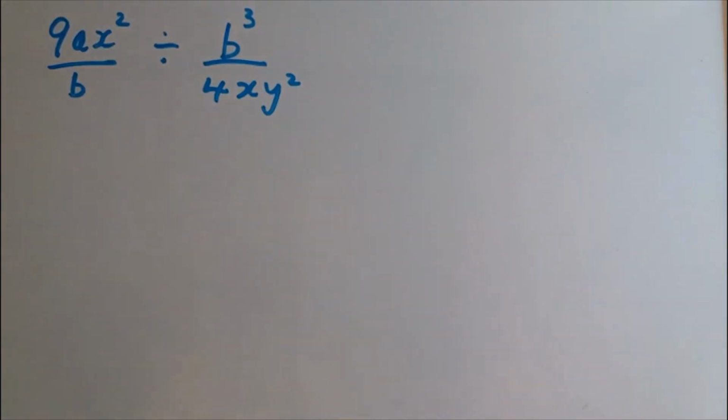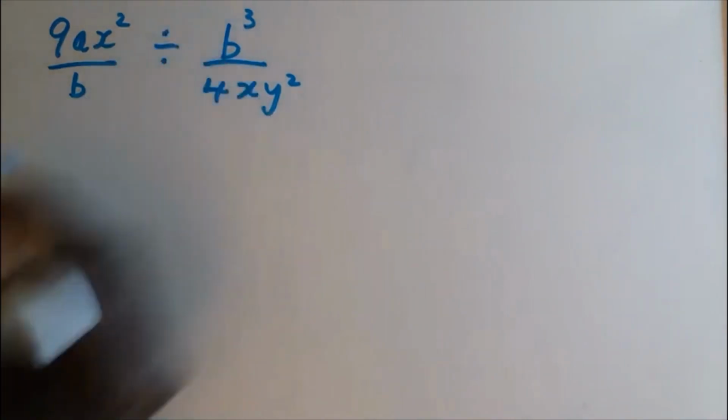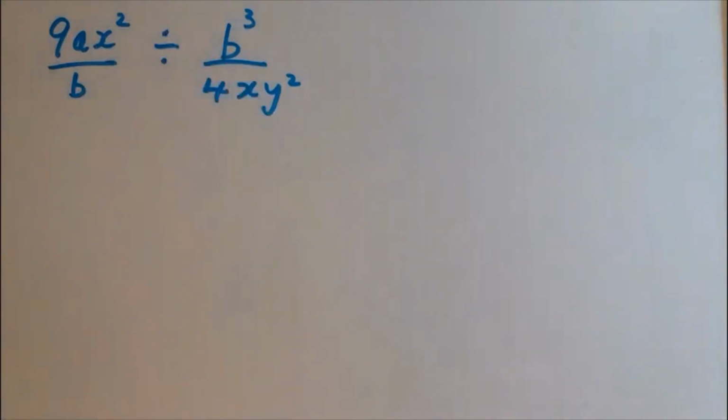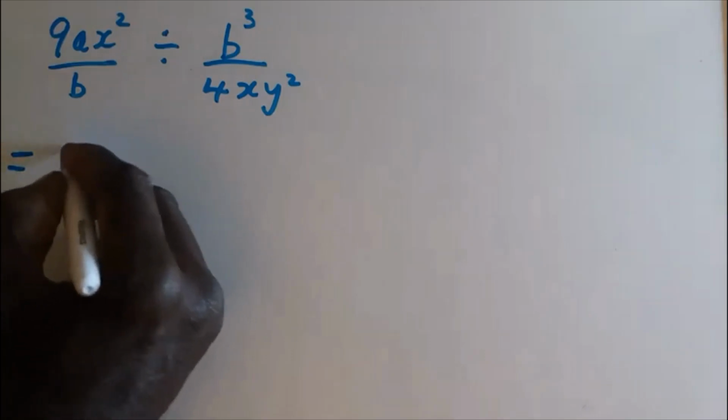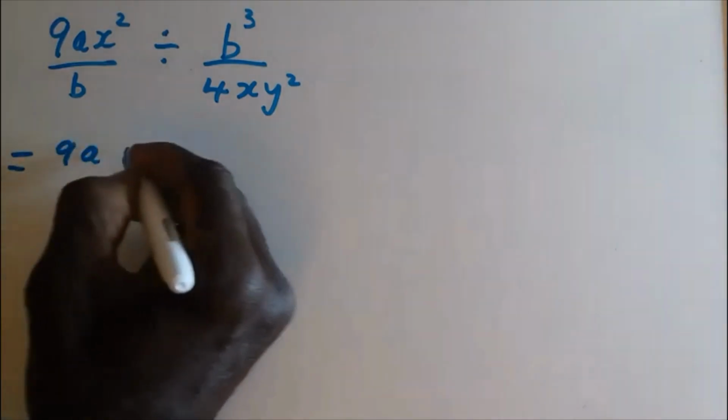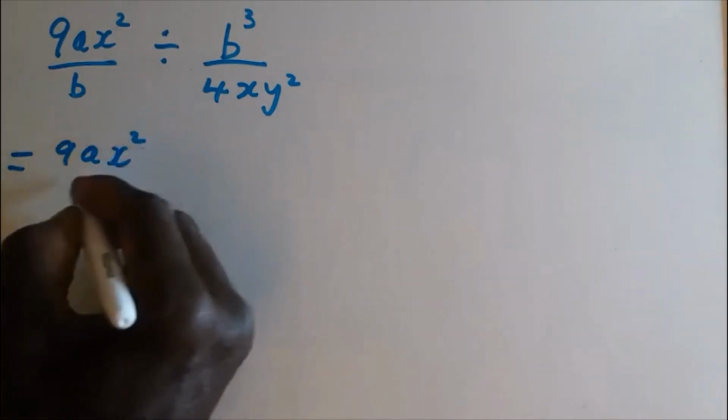Suppose you're given this algebraic fraction divided by another algebraic fraction, and you're asked to write a single algebraic fraction and simplify if possible. So first we'll write the first algebraic fraction, x squared over b.